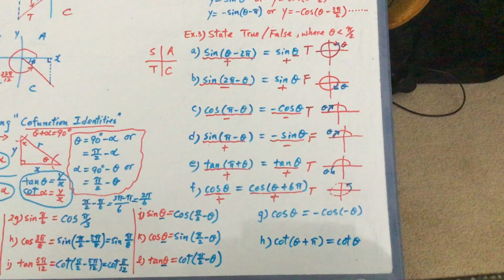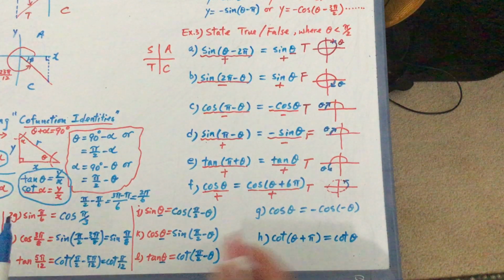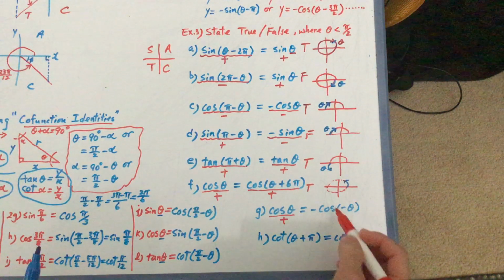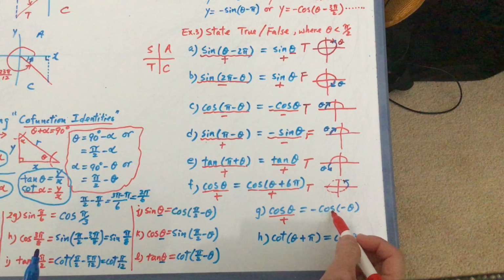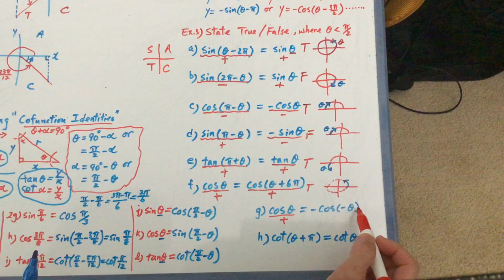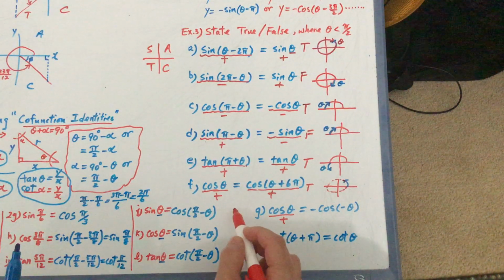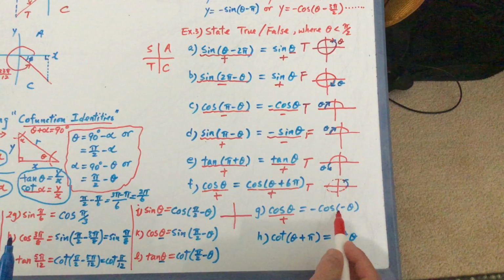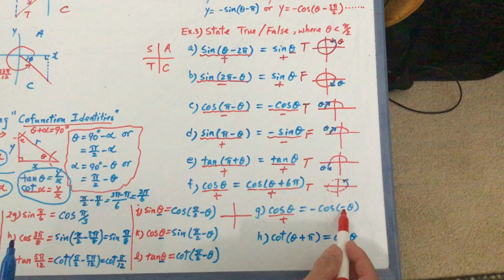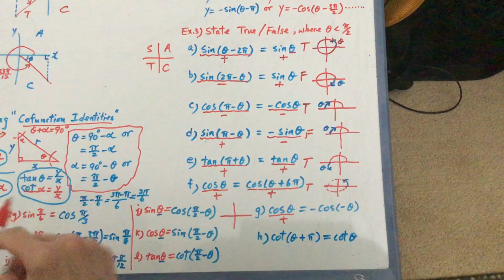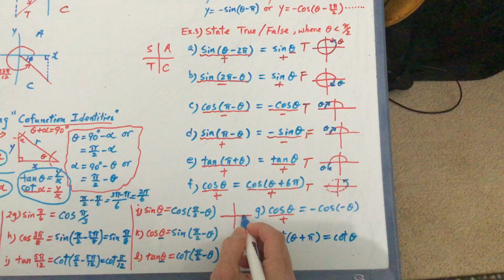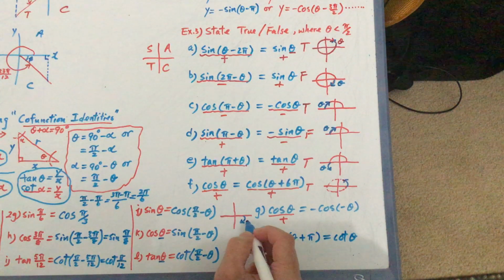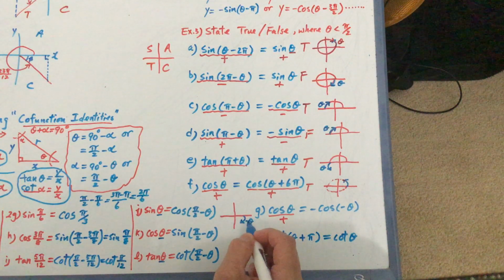And the next example is cos theta. So cos theta again is positive, but negative cos of a negative theta. This one is a little bit tricky, so let's draw this. If you have cos of a negative theta, that means you are going in the negative direction for the negative theta.